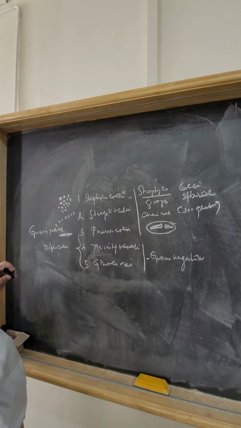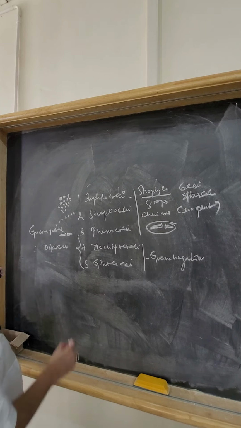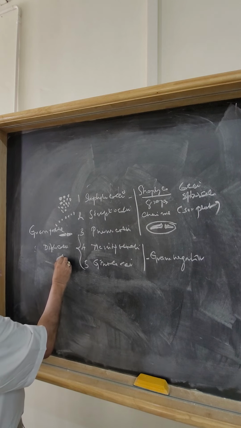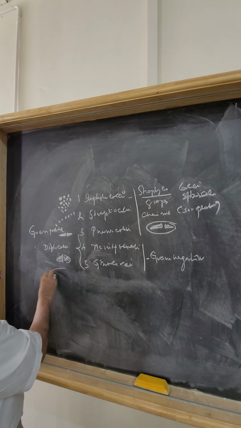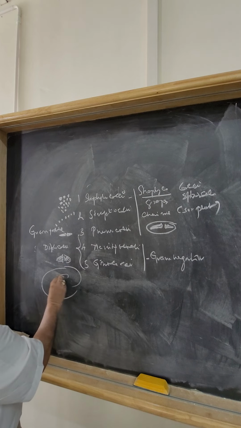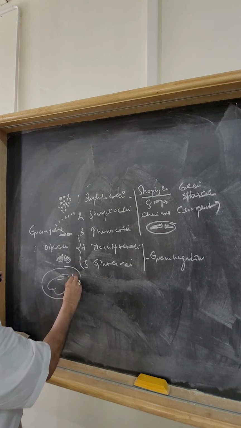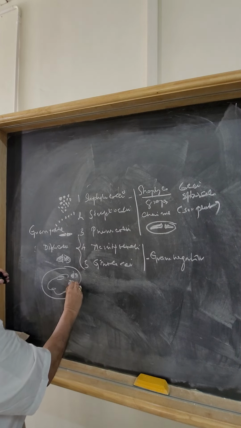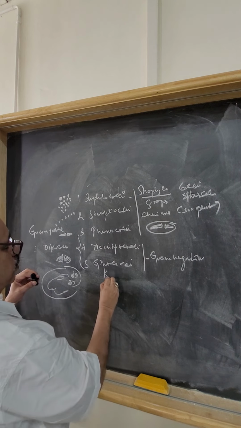Okay. Now, meningococci is plano-convex, half moon, and gonococci is always seen intracellular, inside the kidney shape.